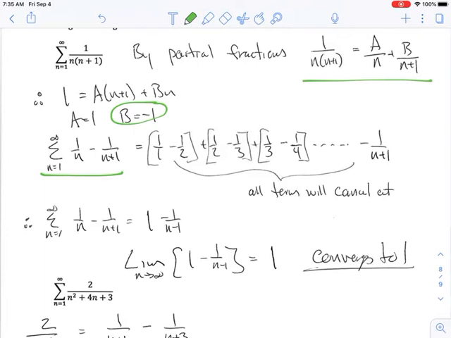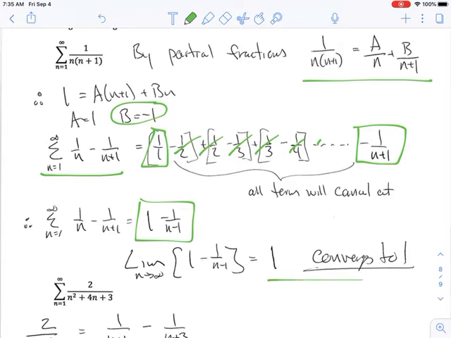And so we can see that these cancel, all the way down the line. They're going to cancel until, as I already said, you have that last term and you have your first term. So we end up with 1 minus 1 over n plus 1. And so the limit of that is 1, so it converges to 1. The most time-consuming part of these tends to be doing the partial fraction decomposition.